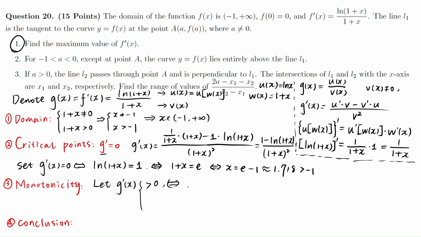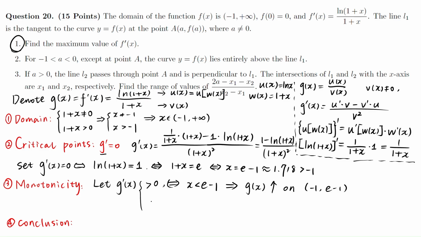Yes, it's equivalent to x being strictly less than e minus 1. But combining this and the domain, we have to conclude that g of x is what? Yeah, increasing on the open interval from minus 1 to e minus 1, right?